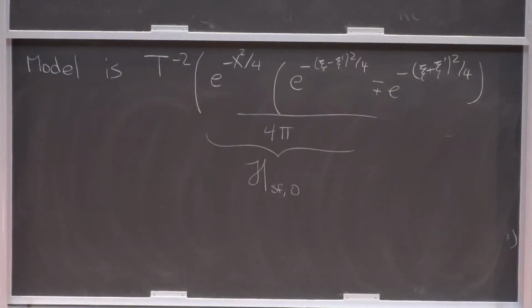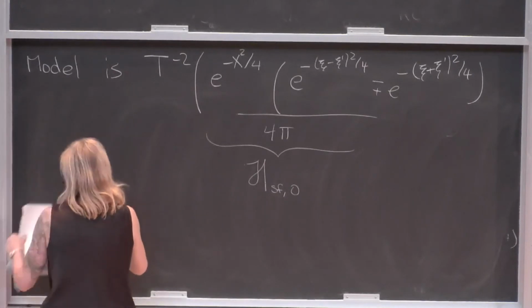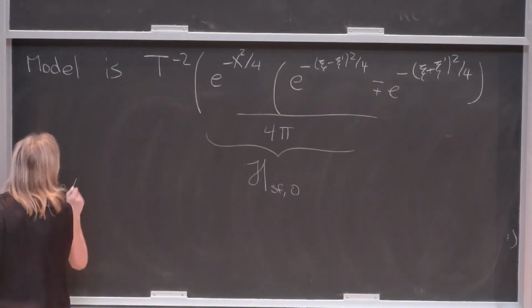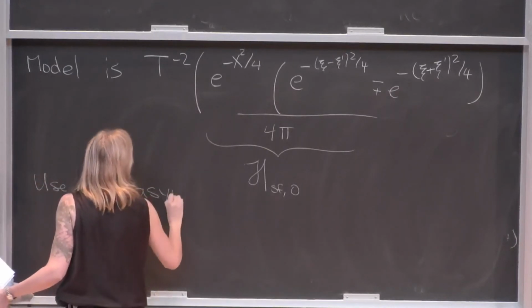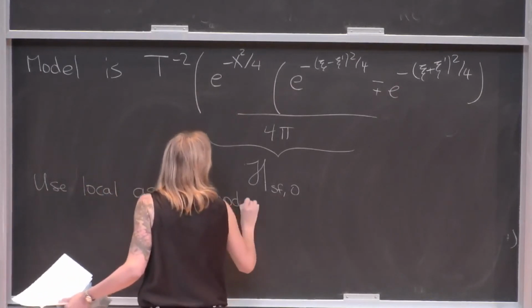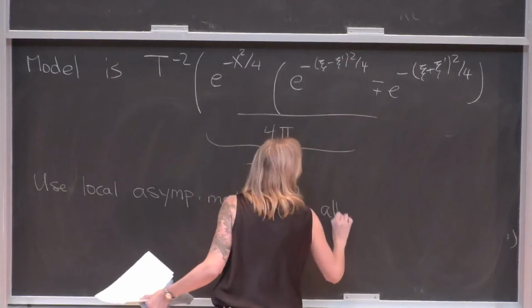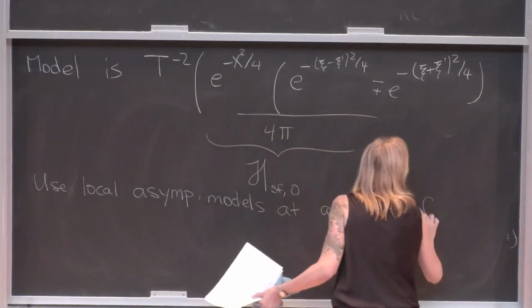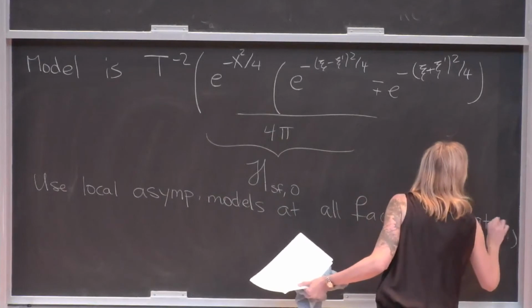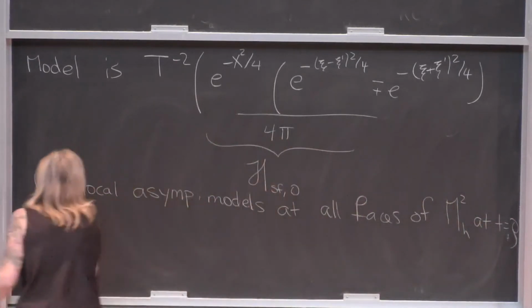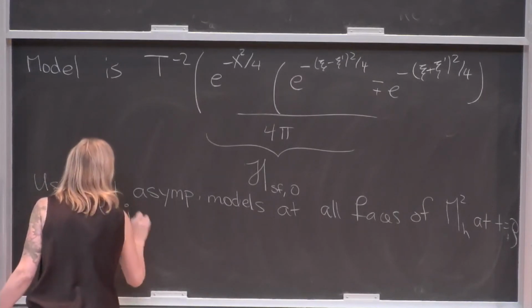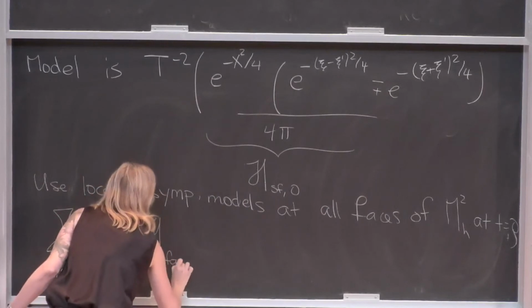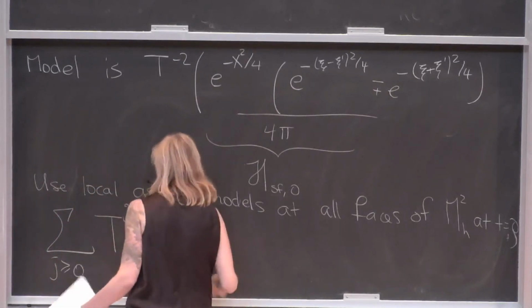And so the way we will construct our heat kernel is like this. We would use local asymptotic models at all faces of MH2, which live at t equals 0, to write some sum over j greater than or equal to 0 of T^j H, face name, comma j.